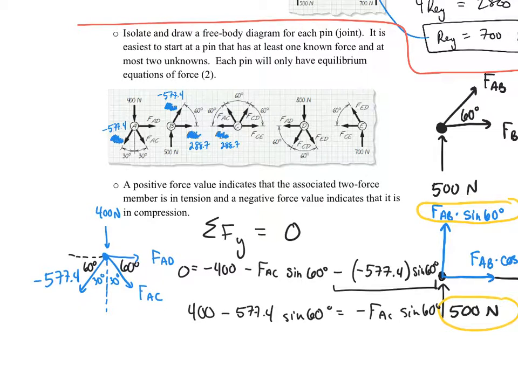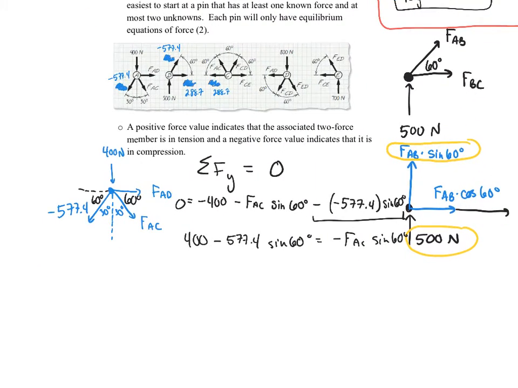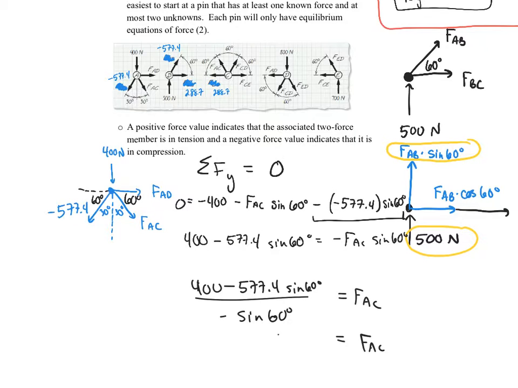I would then divide by negative sine 60 to get FAC by itself. Say it one more time, Will. 115.52. Thank you.